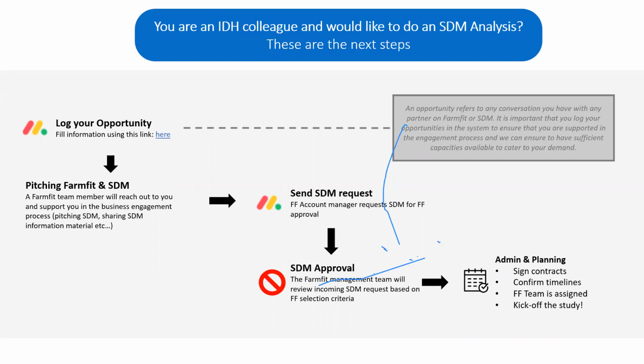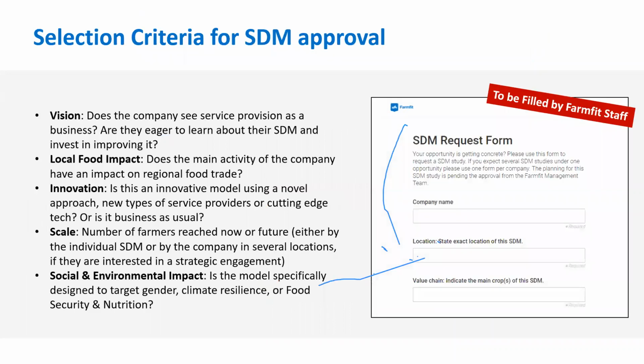So if there are no further questions, I will talk a little bit more about the selection criteria. We've talked about it before. We have quite high selection criteria for better understanding whether the SDM approach is a good approach and whether the company is ready for it. The first thing we look at is the vision of a company.